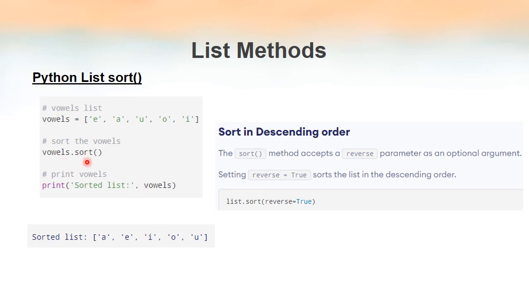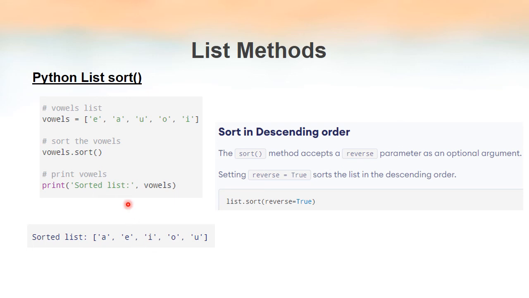And then if we try to print the vowels now, the sort method is not returning any new list, it is actually modifying the existing list itself. So vowels.sort means this method will modify this existing list. After this line of code, if we try to print the vowels list, the output will be like this. That means the elements get sorted.